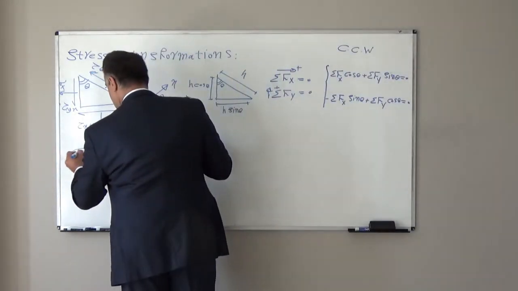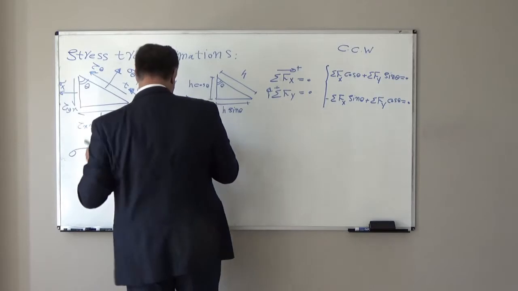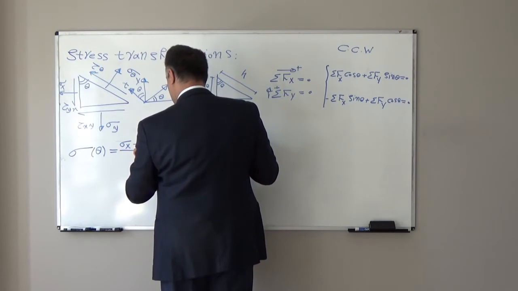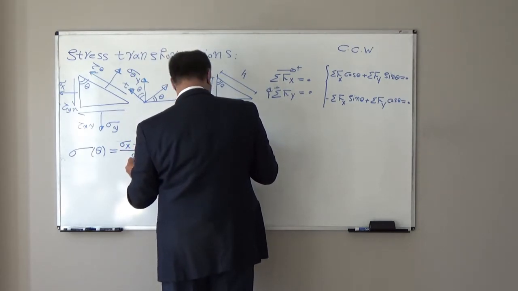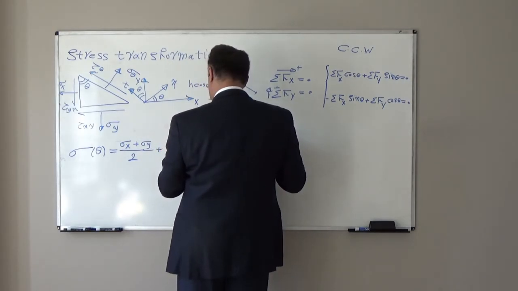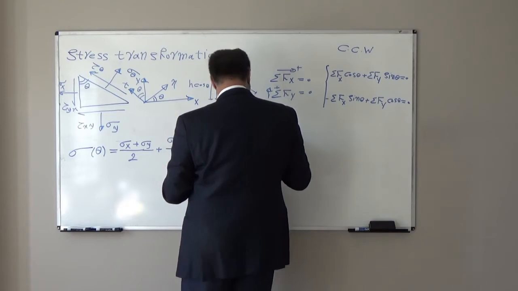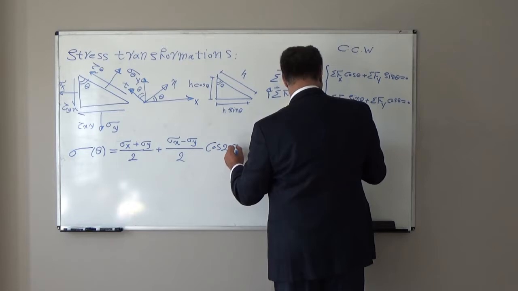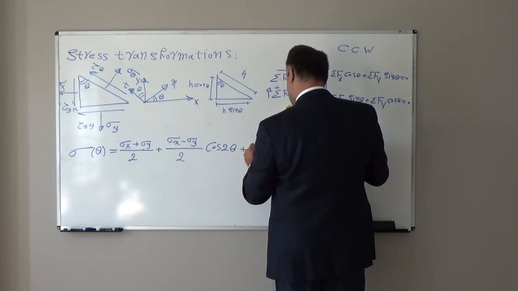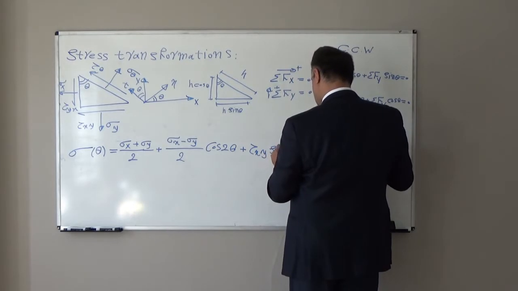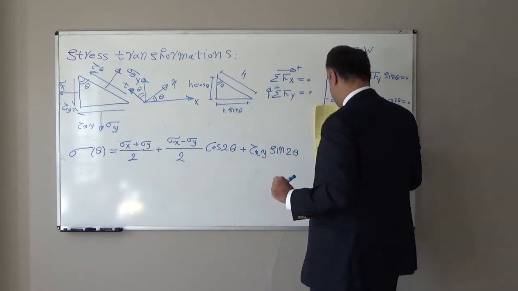We will end up with the normal stress in this inclined plane equal to sigma x plus sigma y divided by 2, plus sigma x minus sigma y divided by 2 cosine 2 theta, plus tau xy sine 2 theta.